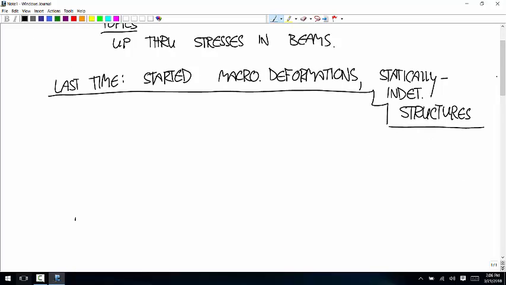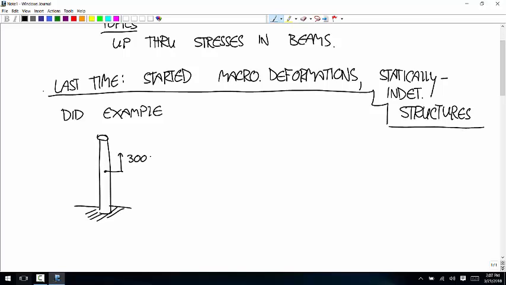And we did an example where we had a column connected to the ground, and we had an upward force of 3,000 newtons and a downward force of 10,000 newtons. And we calculated the total elongation or shortening of that thing. In this case, it was shortening.